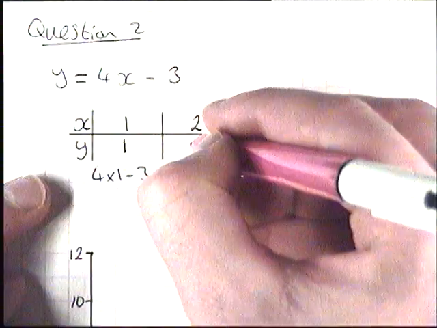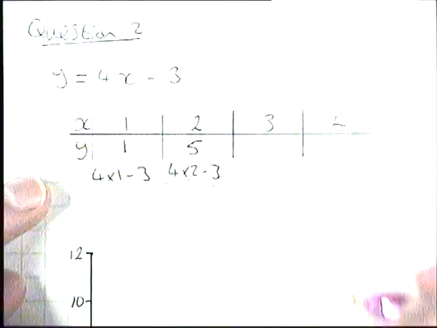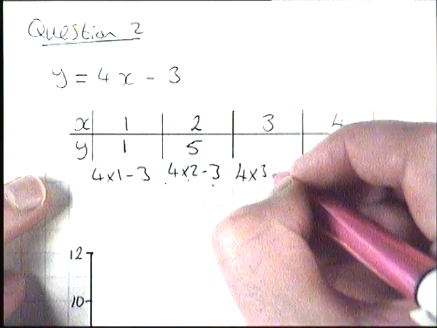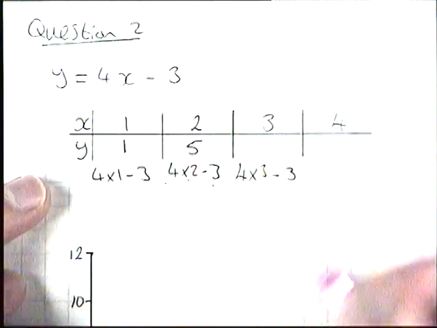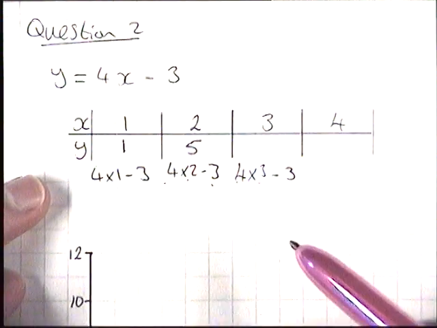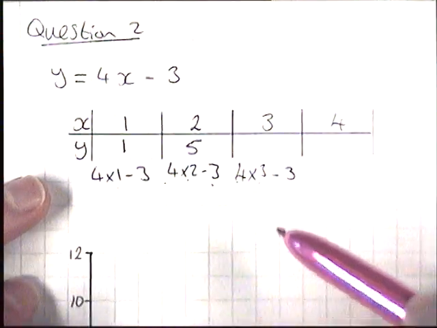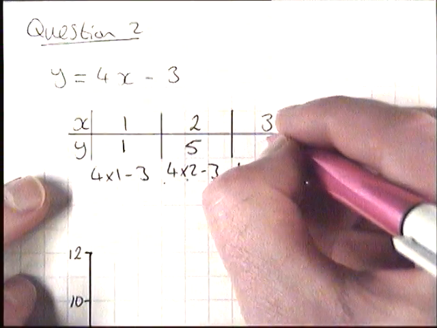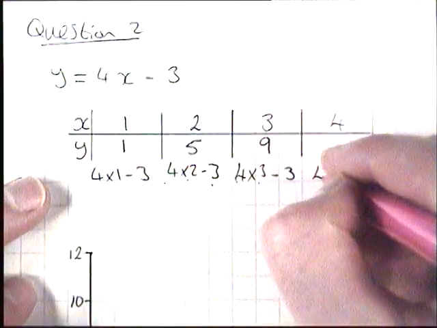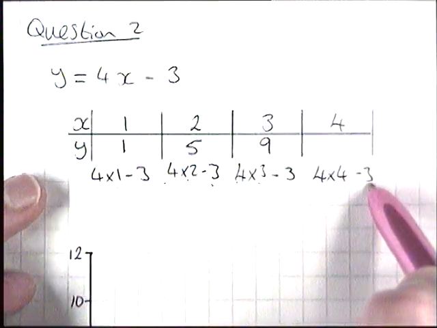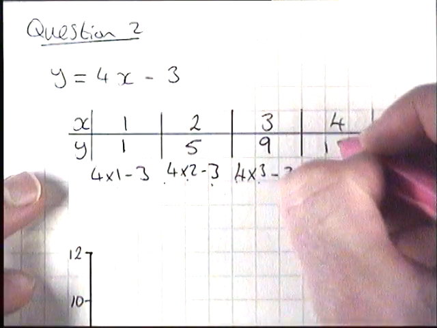Take away 3 is 5. Then we've got 4 times 3 minus 3. 4 times 3 is 12. Take away 3 is 9. And then we've got 4 times 4 minus 3. So 16. Take away 3, which is 13.